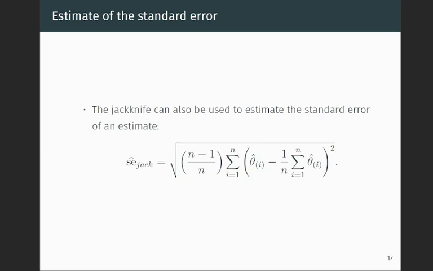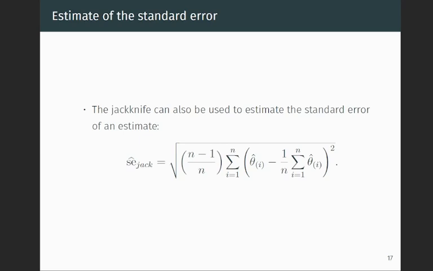So what we can see is that we're taking the square root here for the standard error, and then we have n minus 1 over n times the sum of essentially squared differences again. But now what we have is theta hat i, so the estimate with the ith observation removed, minus the sample mean of those estimates. And so this is the formula.